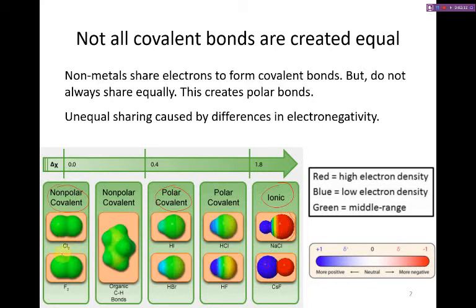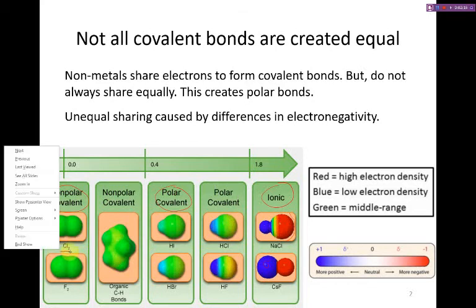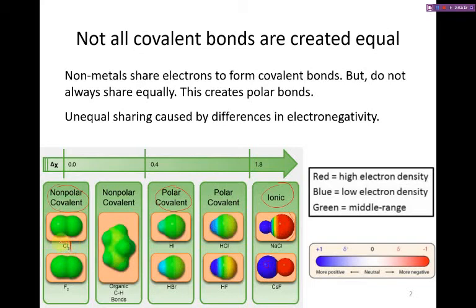And this only happens when we have bonds between two elements that are identical. For nonpolar covalent, we can also get nonpolar bonds between carbon and hydrogen. And then once we start looking at other molecules that have elements with different electronegativities, that's going to give us polar covalent type molecules.